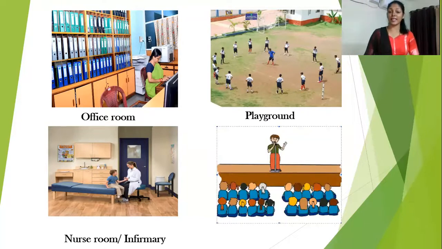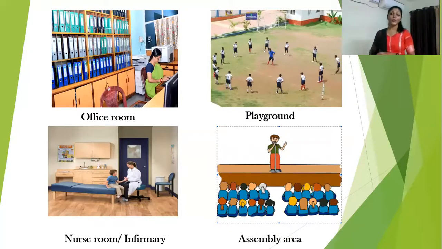Yes. And last one, can you identify looking at the picture? Yes. The last one is the assembly area, where all the students gather during any functions or during the morning assembly, right? Just like you, you can see the students there seated, isn't it?